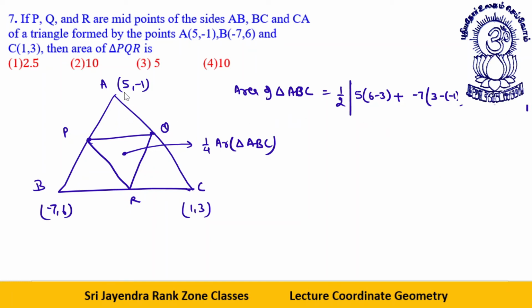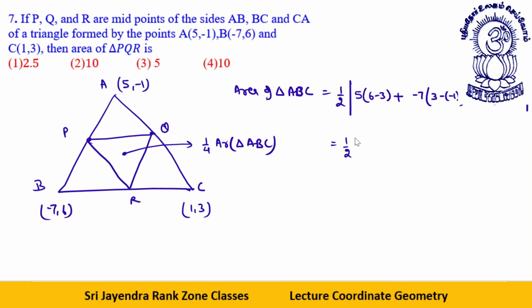Okay, half, this is 5, 6 minus 3, plus, then it is minus 7, 3 minus minus 1. Then it is 3 minus 1 minus 6. So this becomes what?